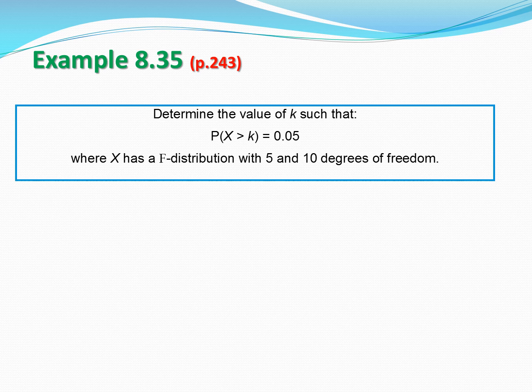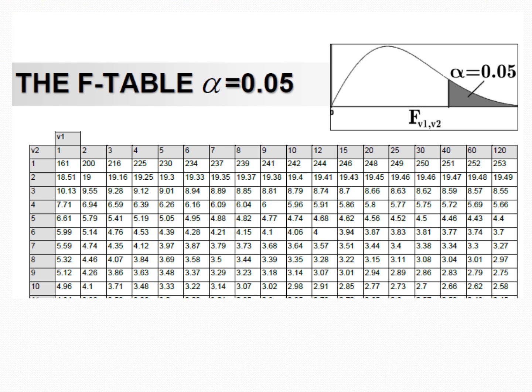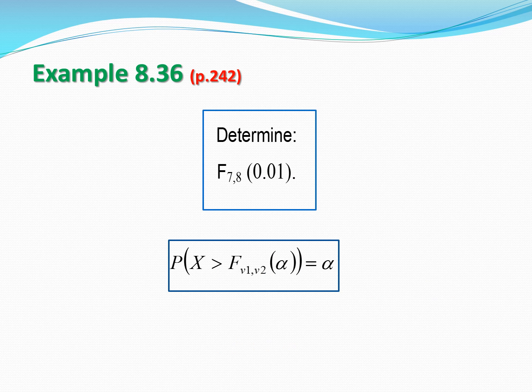So they give you the probability, and that means that we are going to use our 0.05 F table, and V1 is going to be 5, and the second degrees of freedom that they give you will be your V2. Going to column 5 and going down to row 10 will give us a critical value of 3.33, so k will be 3.33.